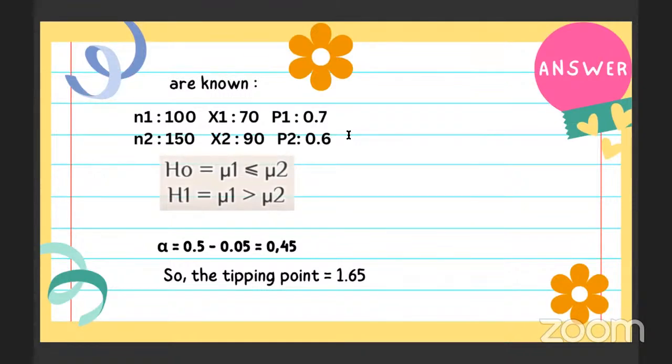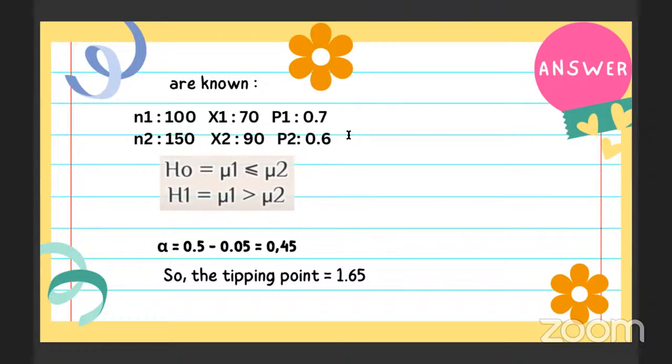n1 is 100, X1 is 70, P1 is 0.7, and n2 is 150, X2 is 90, and P2 is 0.6. So H0: mu1 is less than or equal to mu2, and H1: mu1 is more than mu2.